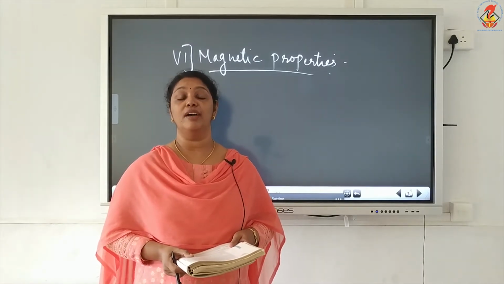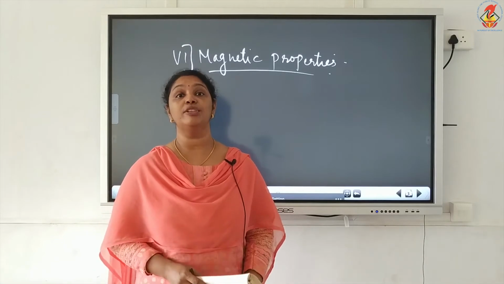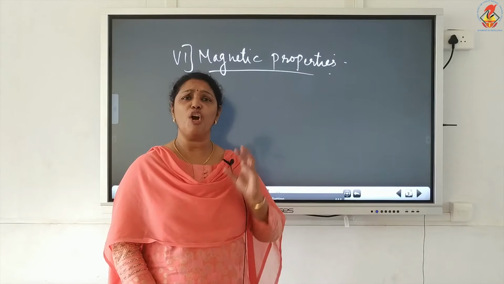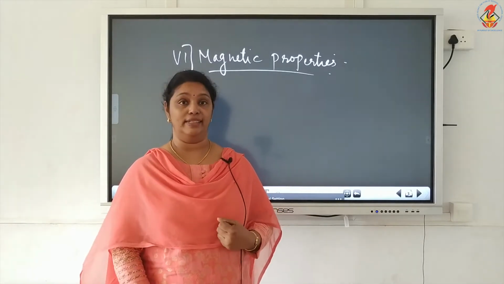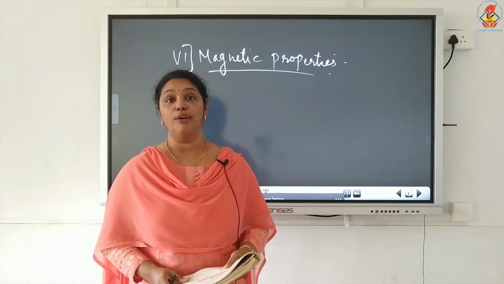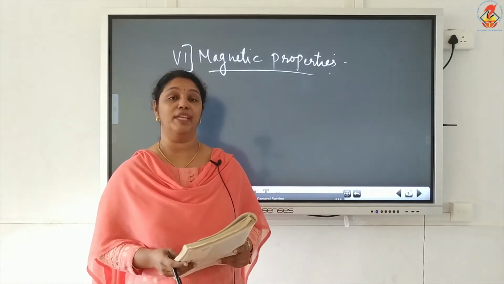Diamagnetic substances are repelled by a magnetic field, and paramagnetic substances are attracted by a magnetic field. If the substance is strongly attracted by a magnetic field, then we have ferromagnetism. And these transition elements mainly show paramagnetic behavior.